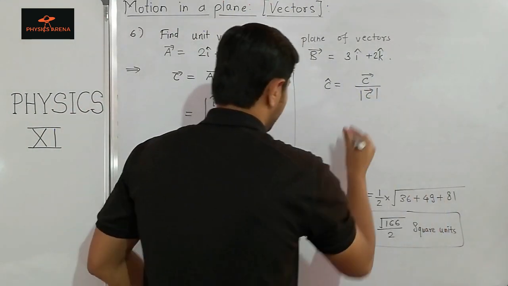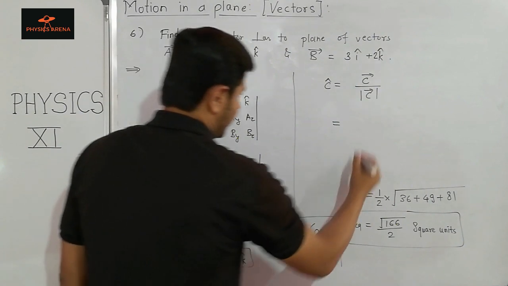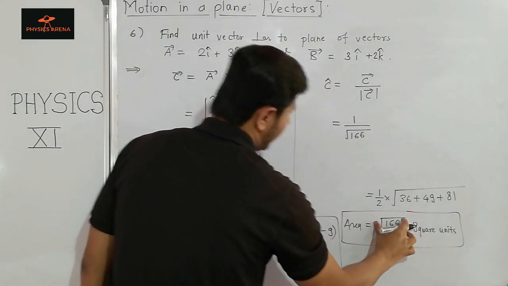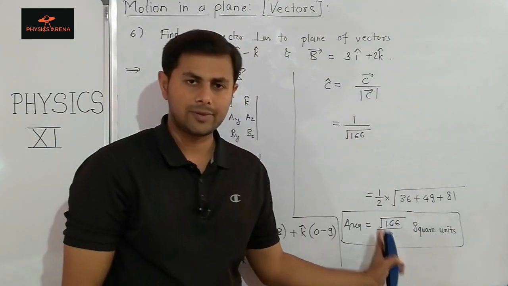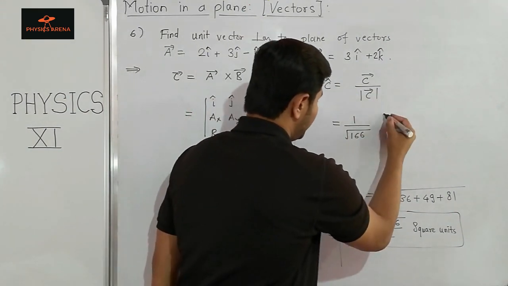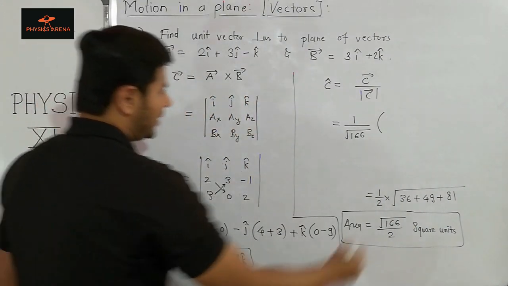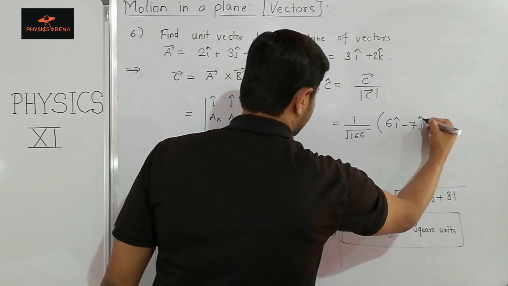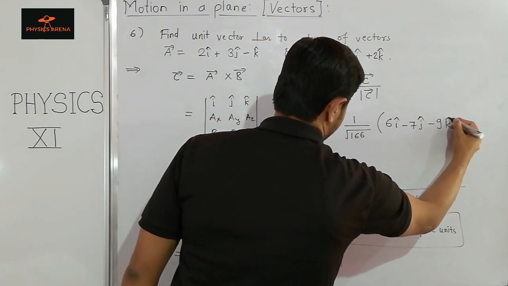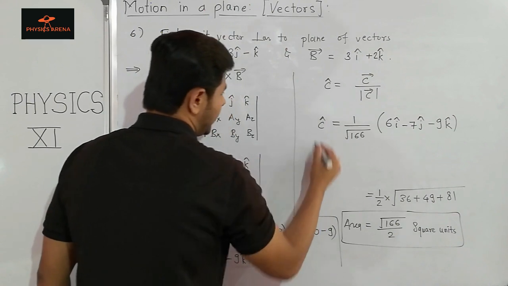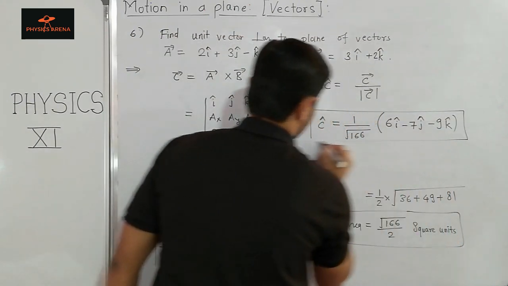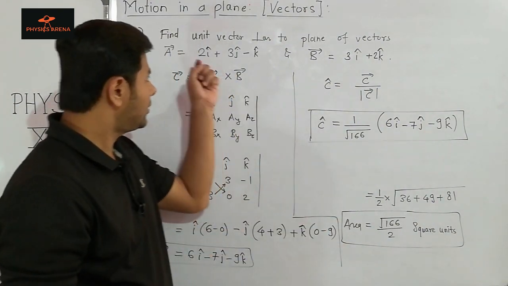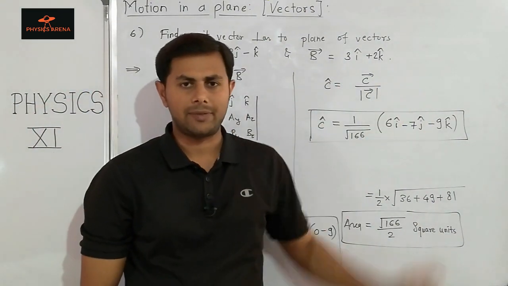So it is 1 divided by square root of 166, magnitude of c bar, multiplied by 6i minus 7j minus 9k. So this is c cap, the unit vector which is perpendicular to a bar as well as b bar.